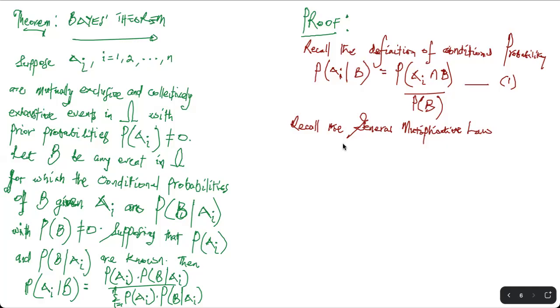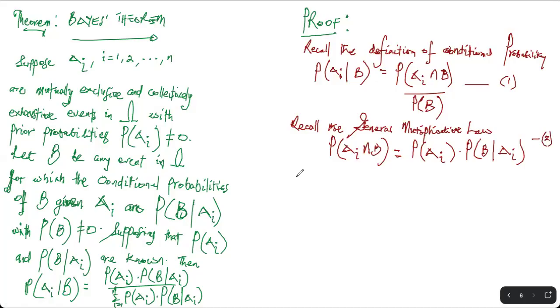It says that the probability of Ai intersection B will be equal to the probability of Ai multiplying the probability of B given Ai. Let me call this equation 2.